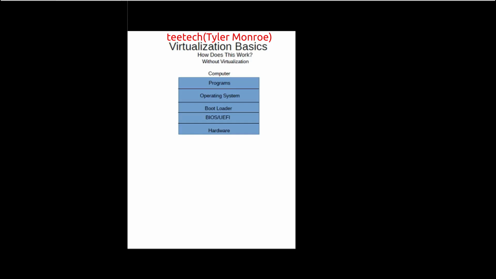Now, without virtualization, talking about more of the details of it, in a normal computer you have the hardware, you have the BIOS, or the UEFI, depending on its age, the bootloader, the operating system, and the programs that the operating system is going to run.